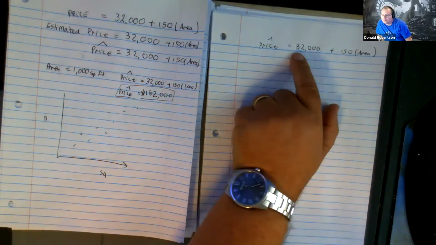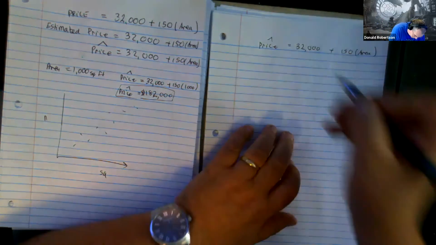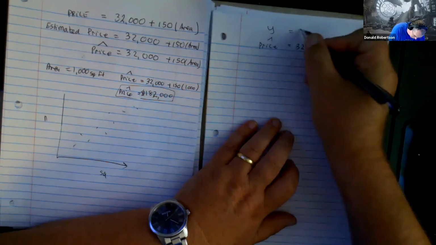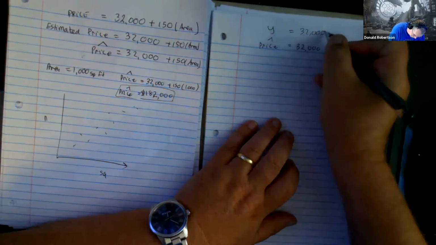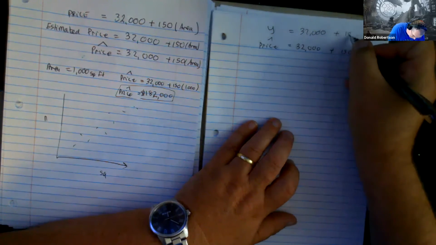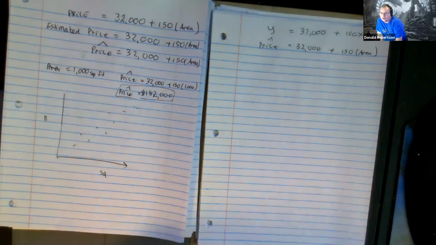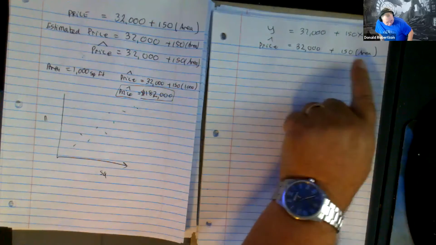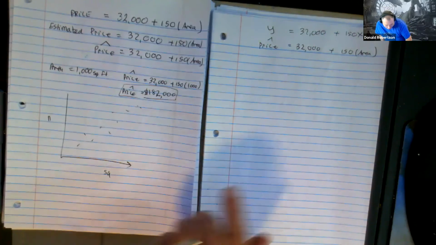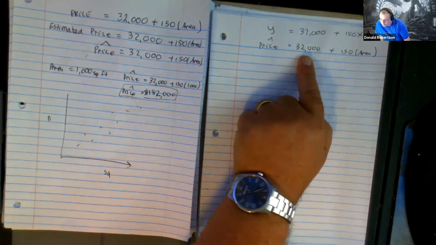These two numbers, if I wrote this down as y equals 32,000 plus 150x, if I wrote it with x's and y's, wouldn't it look like that? These two numbers correspond to the y-intercept and slope.